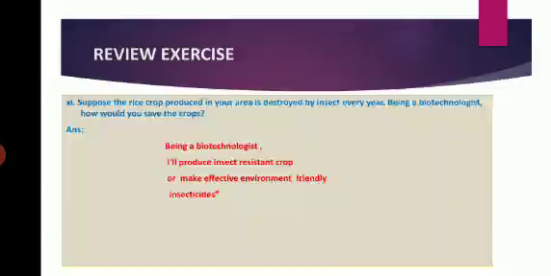Insect resistant crops are obtained by genetic engineering, and they generally produce compounds that are toxic to the insects that attempt to eat the resistant plants. And the second option is, I will make effective environment friendly insecticides. Insecticides are used to kill insects; environment friendly means they will not harm the environment.